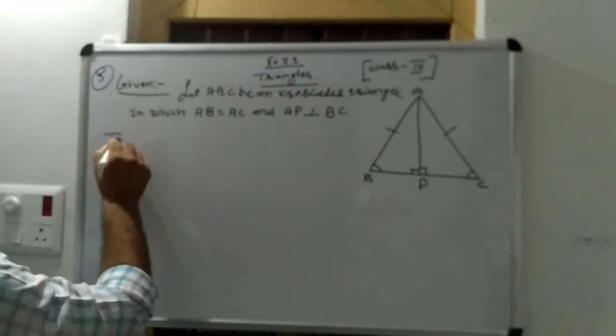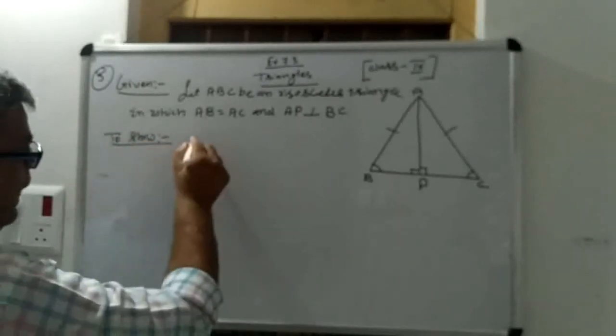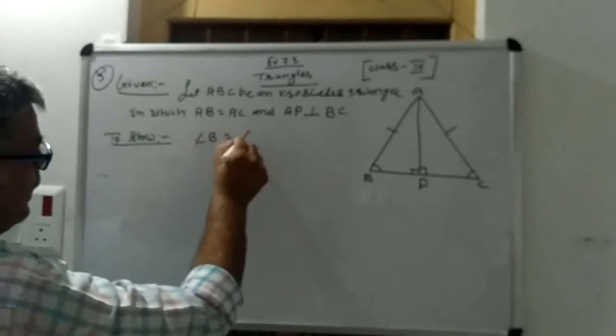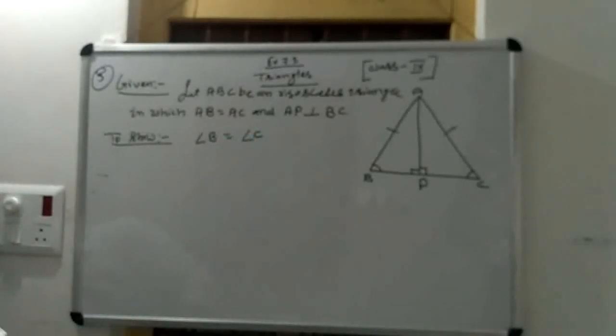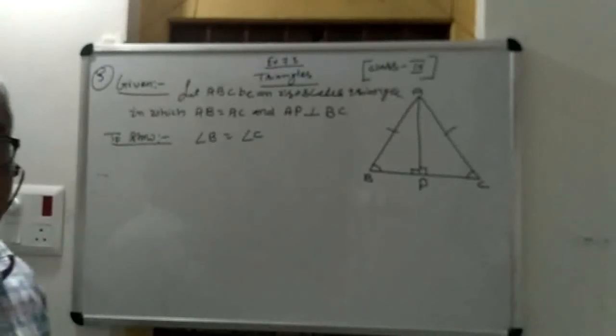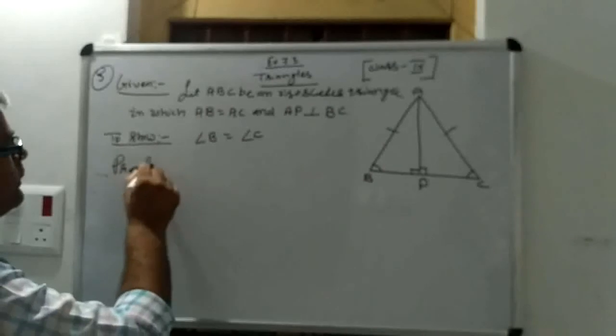Now what we need to show? We need to show angle B equals to angle C. This we need to show in this question. Now let's see the proof. How can you prove it?